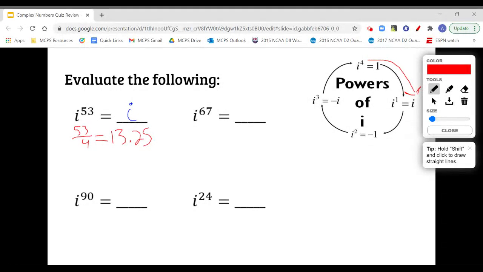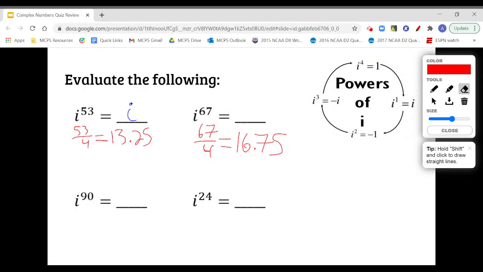The next thing we are doing is i to the 67th. So again, take the exponent, divide it by 4. When I divide 67 by 4, I get 16.75. Right?